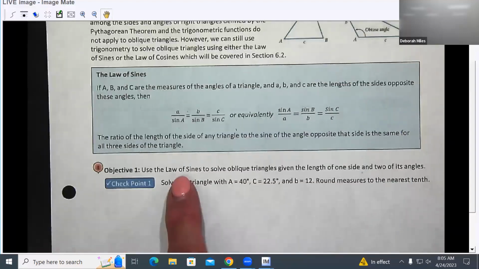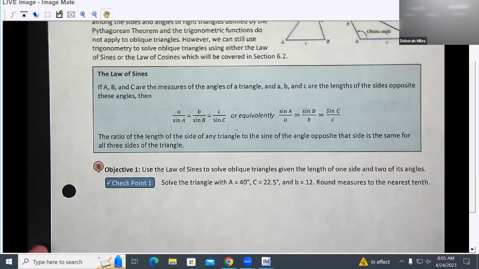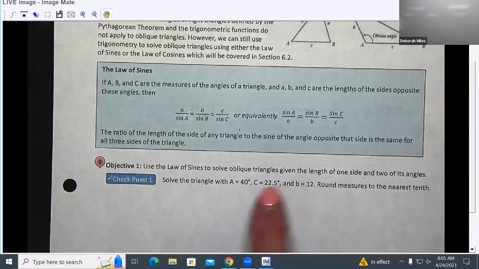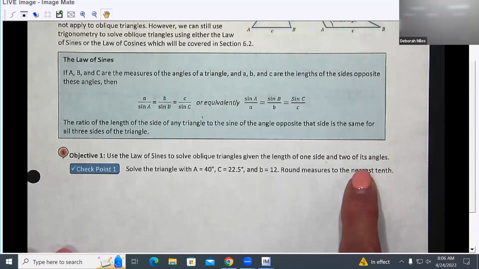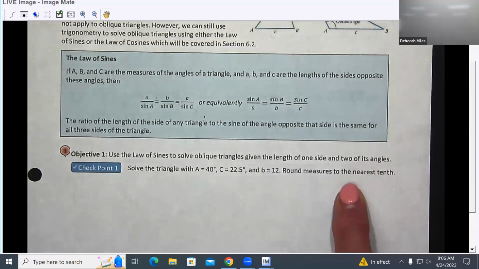So objective 1: use the law of sines to solve oblique triangles given the length of one side and 2 of its angles. Actually, I said after we finish law of cosines, you'll be able to distinguish when you can use law of sines and when you can't, but I can go ahead and tell you that now.